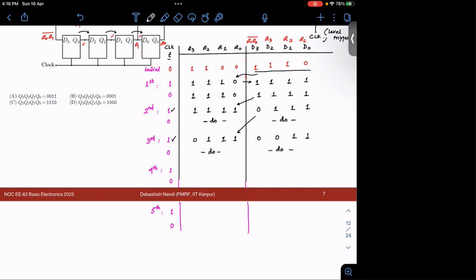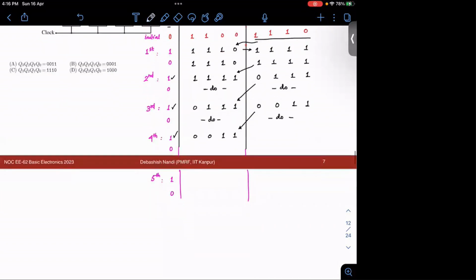And whenever your fifth clock pulse arrives, your Qs will fetch the value from the previous Ds. And your output now will be 0 from 1, 1, and this will be 0, 0, 1. Then again this will step here, 0, 0, 0, 1.